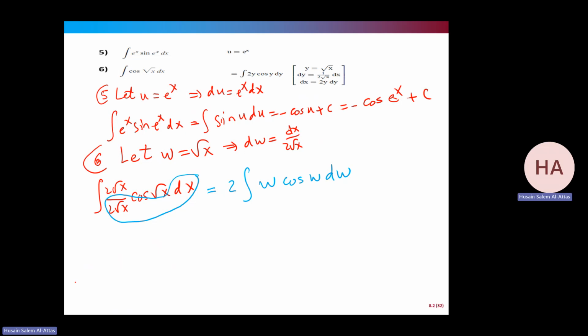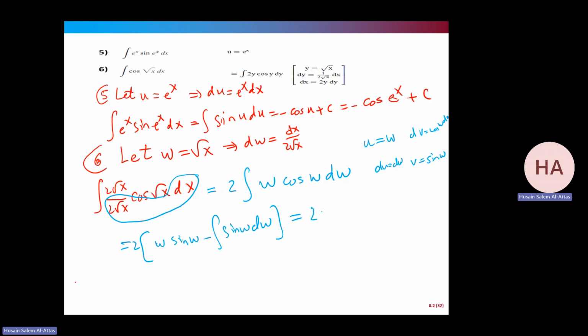Now I need integration by parts. So I let u equal w, dv cosine w dw. So v is sine w and du equal dw. So that gives me 2 times uv, w sine w, minus the integral of sine w dw, which is minus cosine.